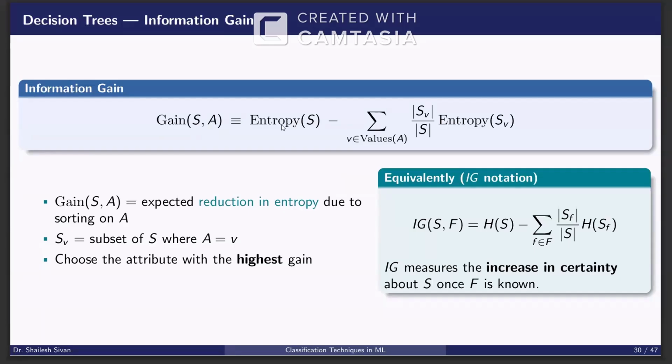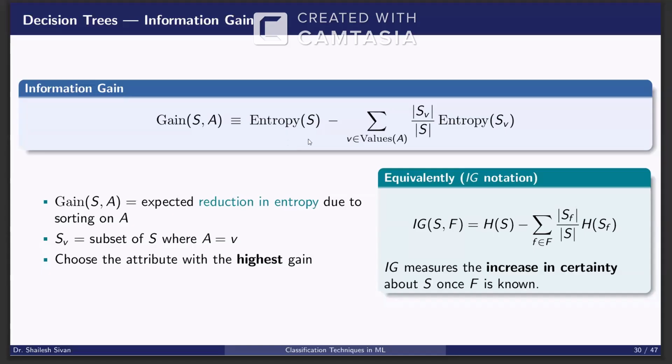For that, we consider the entropy of S minus the entropies of the different values of A: the subset having V as a value, divided by the total number of elements, into the entropy of that particular subset. And this is called information gain.